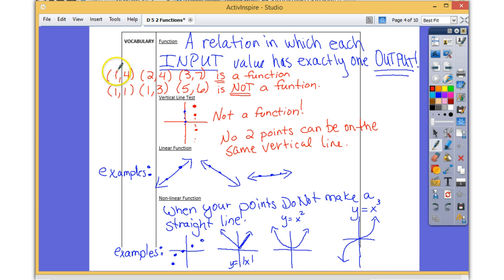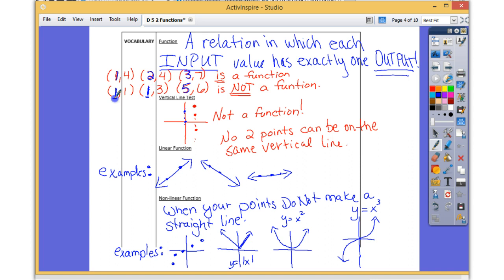All right, so if you look here, 1, 2, and 3, those are your domains. There are no repeats. None of them repeat. So it is a function. But you look down here, I've got 1 and 1 and 5.